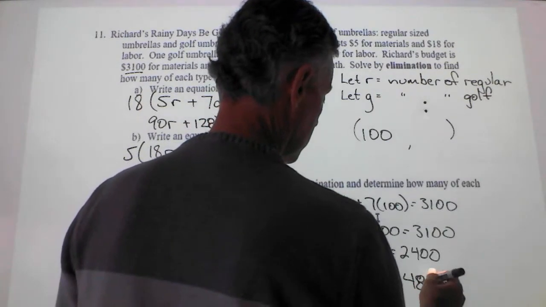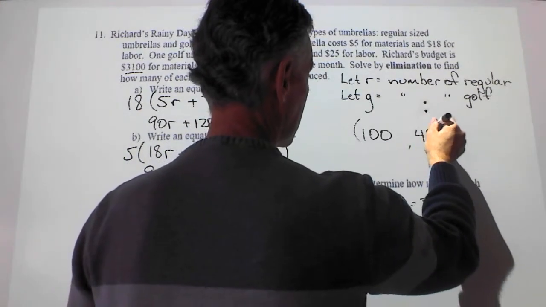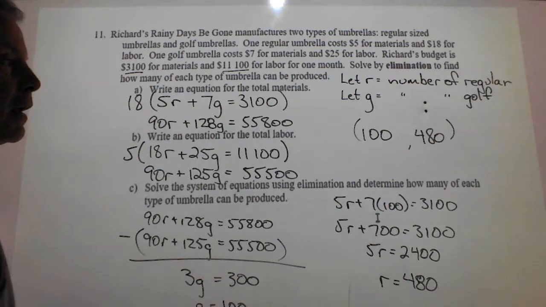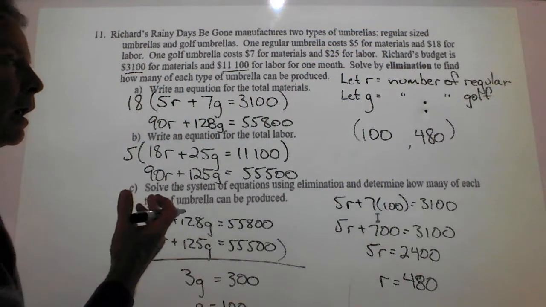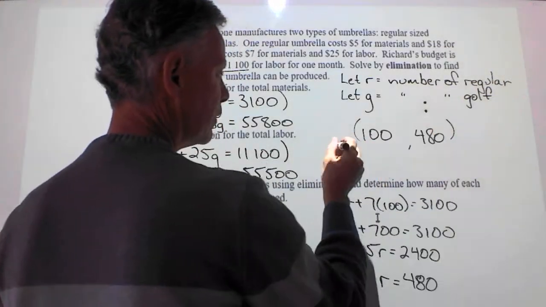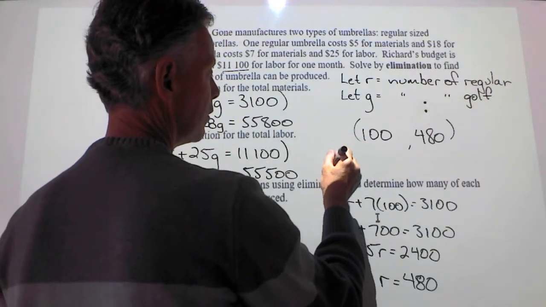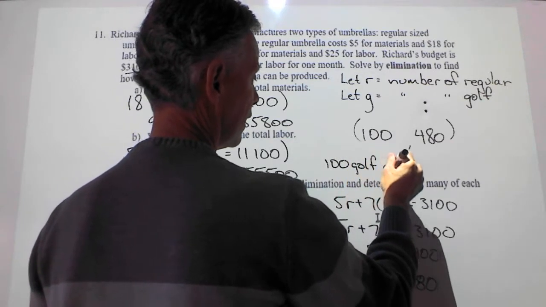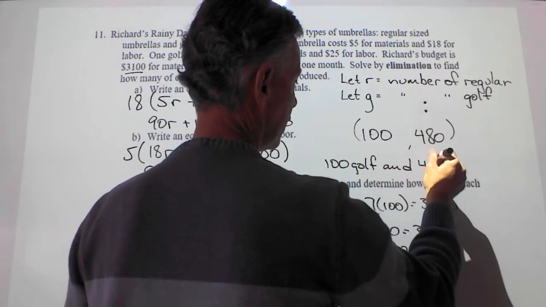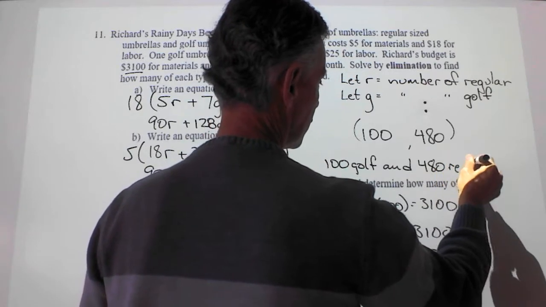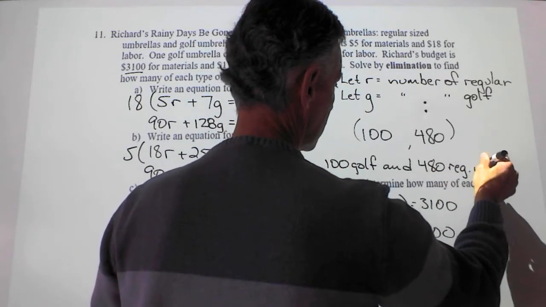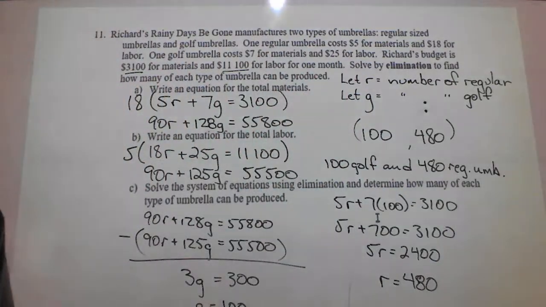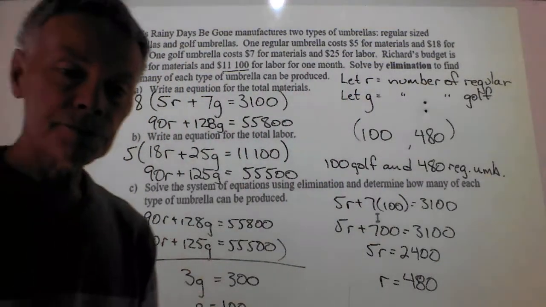So, our final step to finish the problem is simply to say in a concluding statement, we could make 100 golf and 480 regular umbrellas. Okay? And we're done.